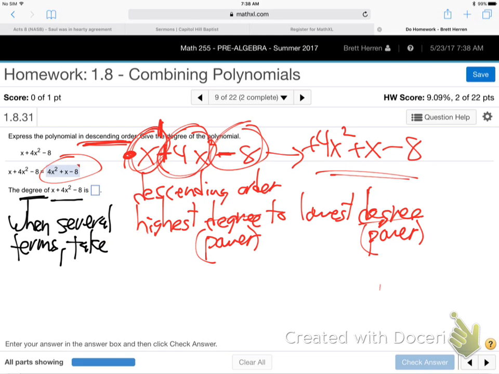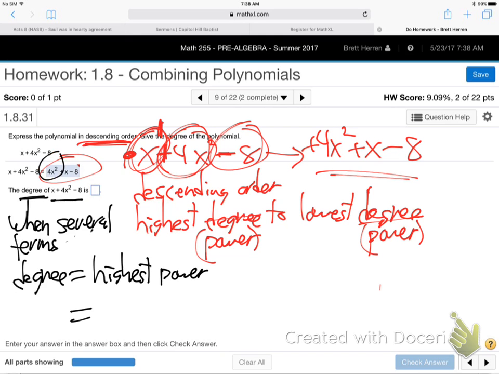The degree is the highest power. So among these 3 terms, which one has the highest power? Square. Yeah, 2 power. So the degree is 2.